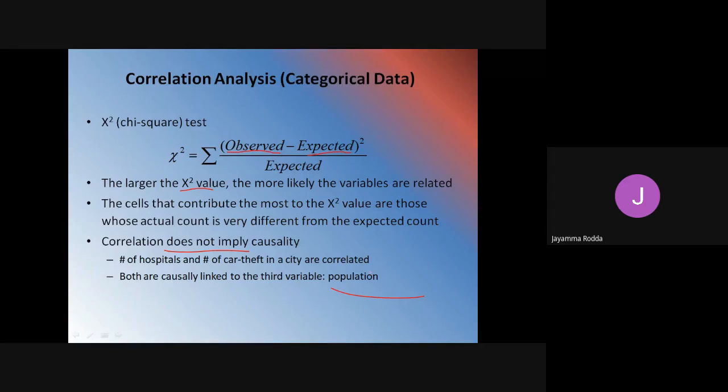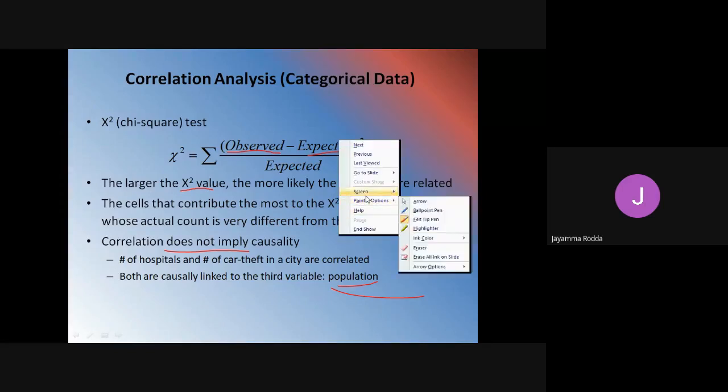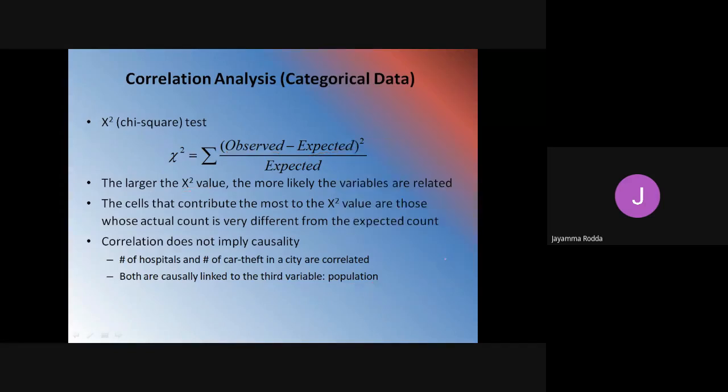Otherwise, they are not related to each other.